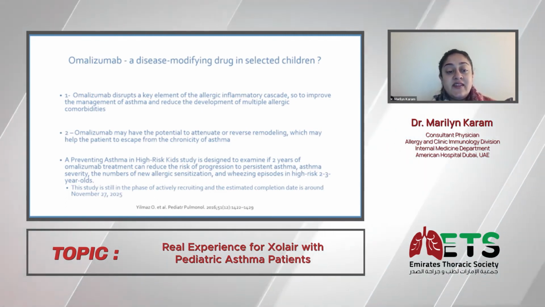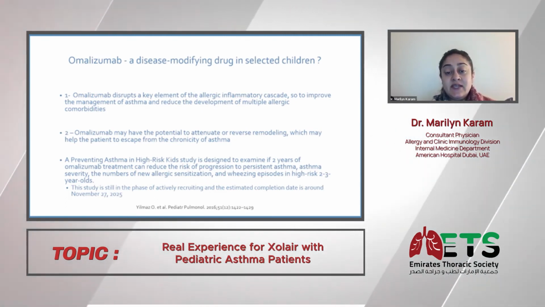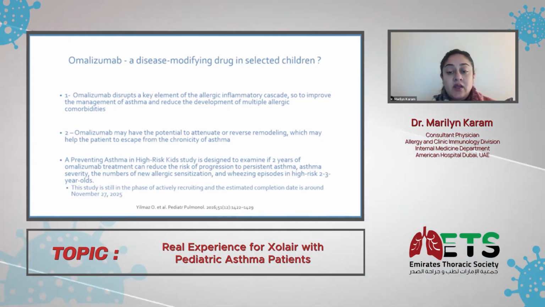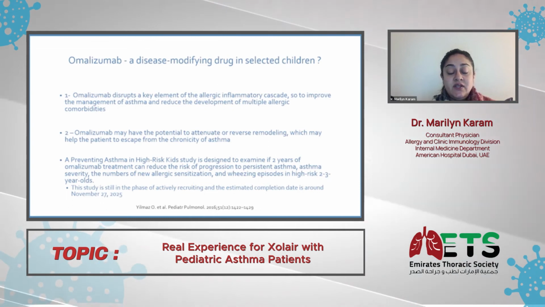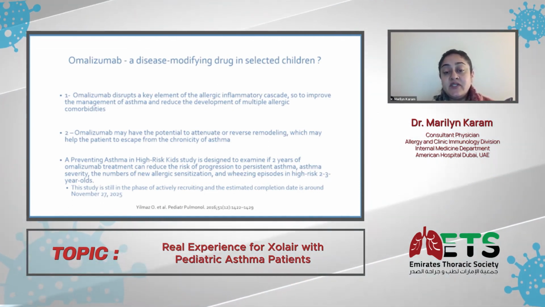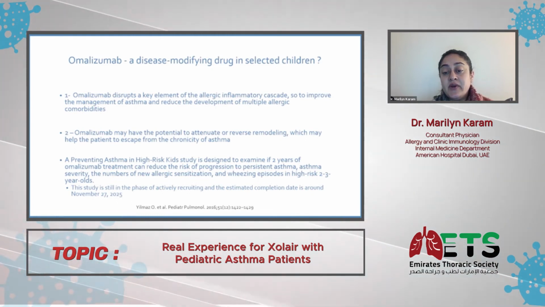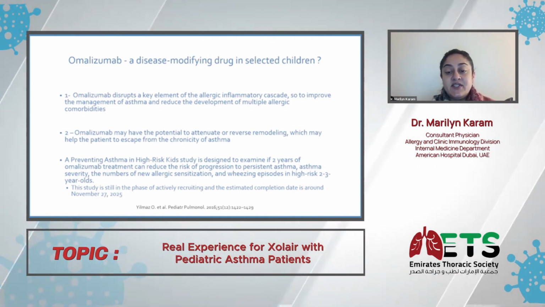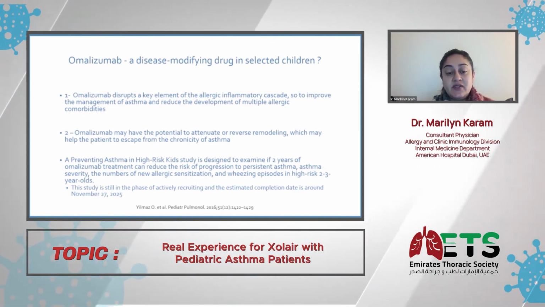This is called the preventive asthma in high-risk kids study, and it's really designed to examine if we give kids 2 years of omalizumab treatment, if that can reduce the risk of progression to persistent asthma and asthma exacerbation, the number of new allergic sensitizations and wheezing episodes in these patients.